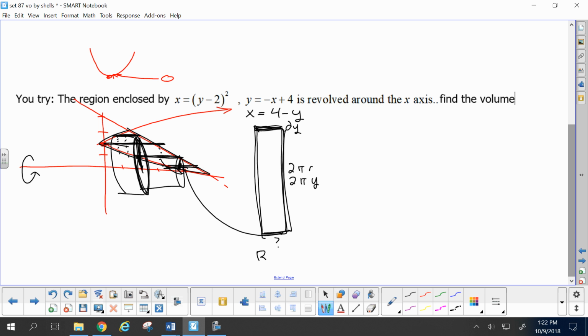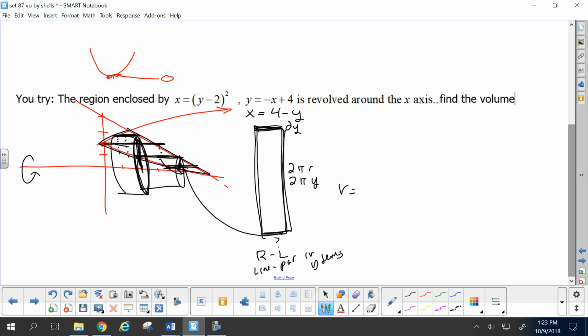Yeah, right varying point minus left varying point. What's the right? Negative y plus 4. It's the line. Yeah? And the left is the parabola, and all in y terms.